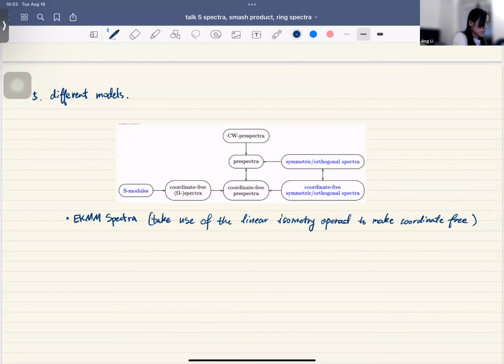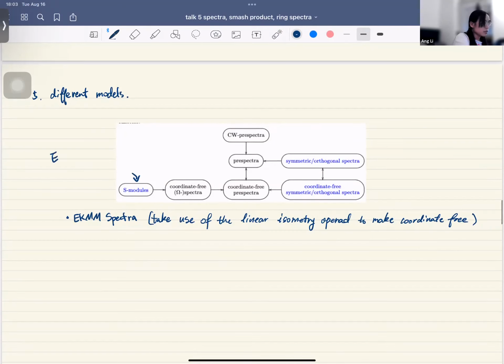And let me add, S-modules, this is by Elmendorf, Kriz, Mandell, May, or EKMM for short. And then later, Mandell, May, Schwede, Shipley have this notion of orthogonal spectra.